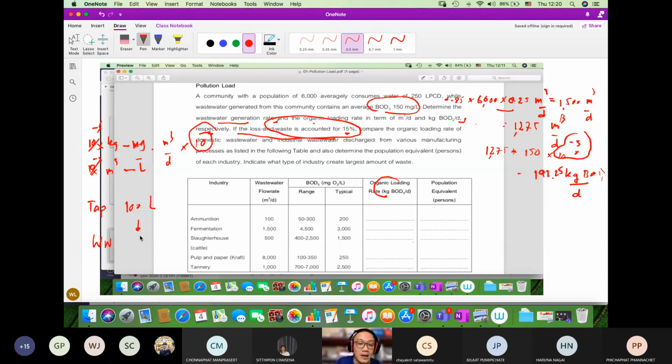So only 85% of this becomes wastewater; loss and waste is 15%. So if you take this amount and multiply by 0.85, you will get 1,275 cubic meters per day.